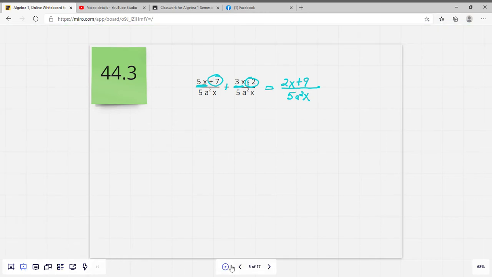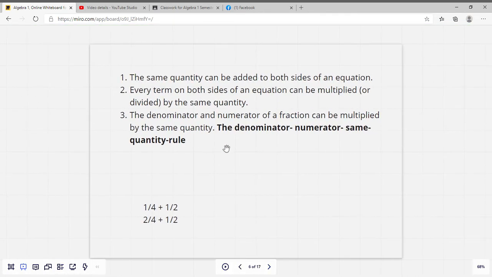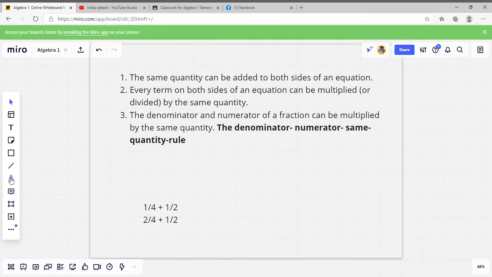All right, next section. The same quantity. These are the rules for solving equations, and they're going to work the same with fractions. The same quantity can be added to both sides of an equation. That would be like if we had 3 plus x equals 5. We can add negative 3, and we get x equals 2.